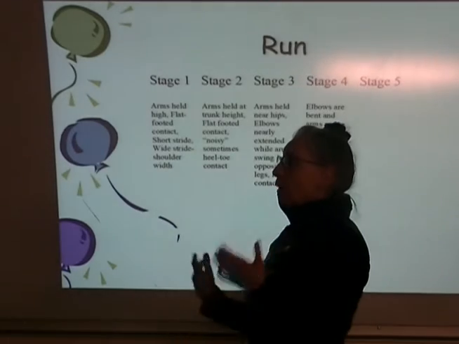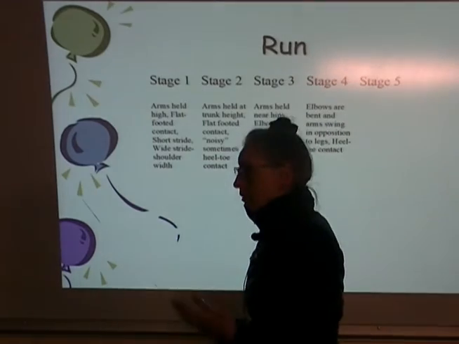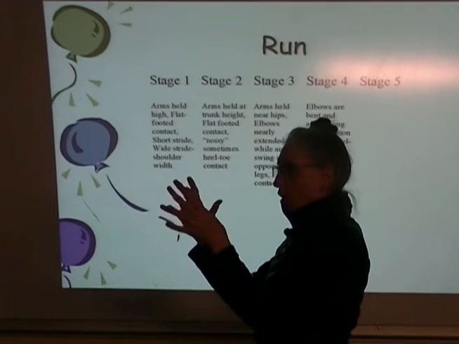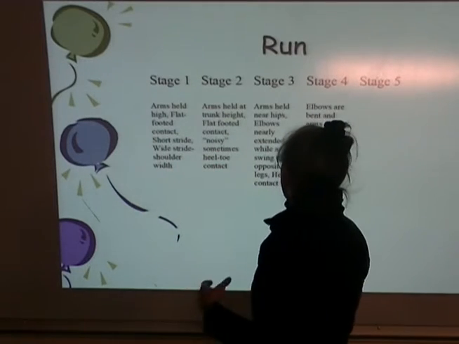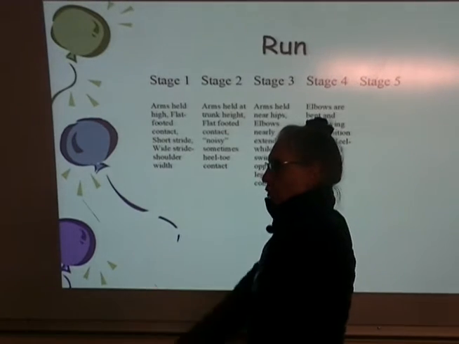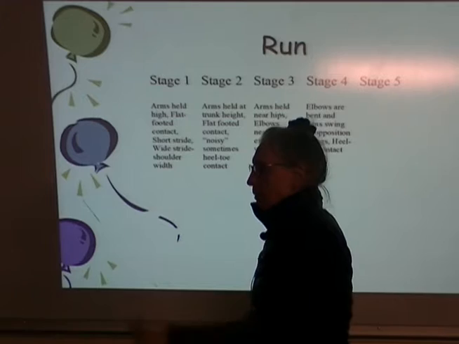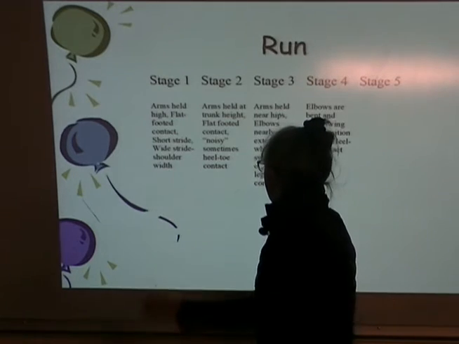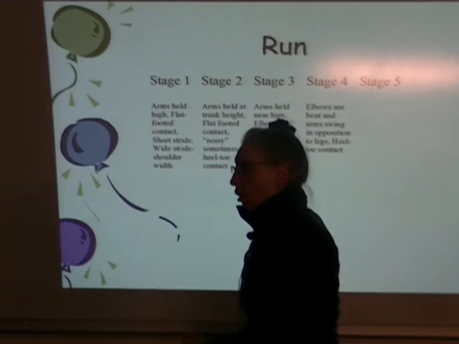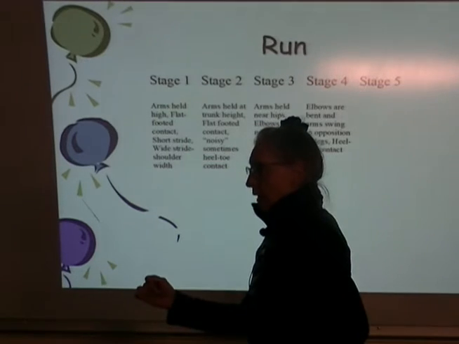So if we get enough practice at running, and we're watching other people run, then eventually the brain will take these straight arms and start to bend them a little bit, right? And we get oppositional arm swing with the elbows bent.